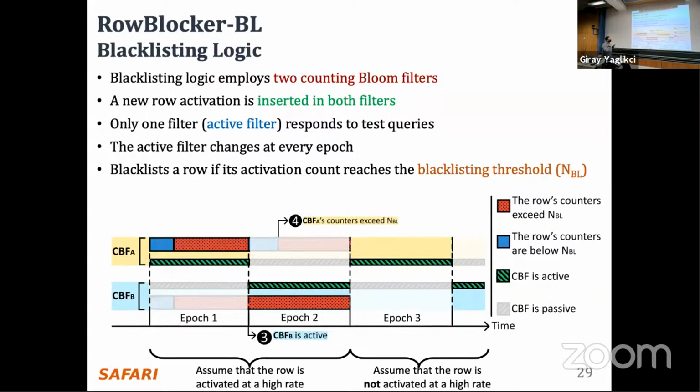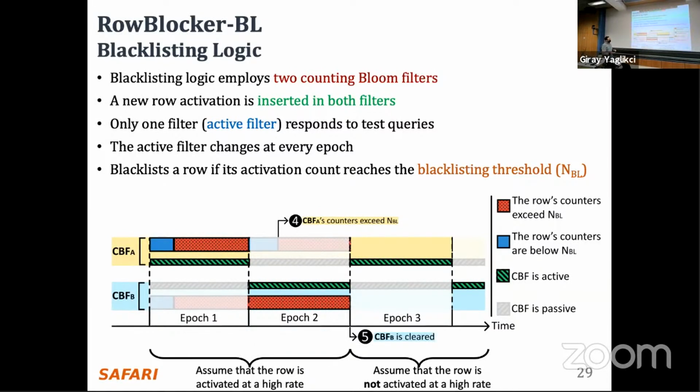At timestamp 4, let's say we keep activating this row. CBFA's counters were 0 at this point, and then it remained at blue up to some level, and at timestamp 4, CBFA's counters also exceed the blacklisting threshold. So when tested, it also says that we need to blacklist this row.